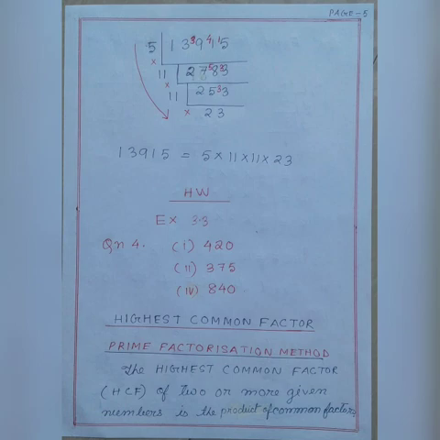2783 is divisible by the next prime number 11. If we check 27, in 27 there are 2 11s. 11 into 2 is 22. So I shall write 2 in the quotient and remainder 5 I shall write with 8.